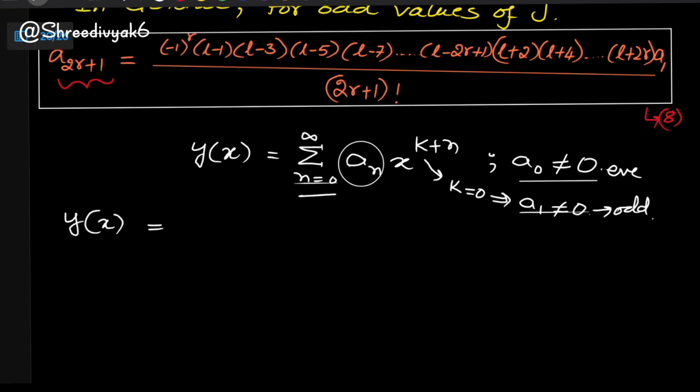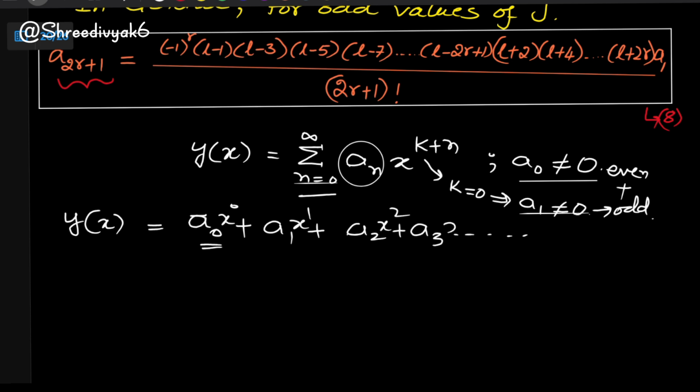So same way, the general solution for the Legendre differential equation combining the even and odd power series is a naught, a1, plus for a2 you had written it in terms of a naught, all right. So nothing but a2, a3, all those things along with x raised to 0, x raised to 1, x raised to 2, x raised to 3, like that up till all those infinite terms, right?